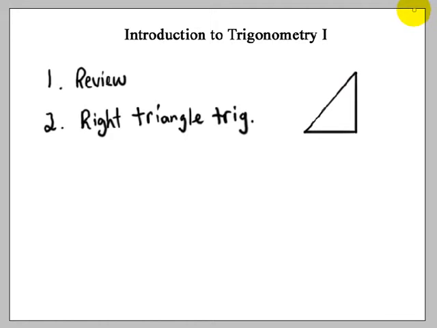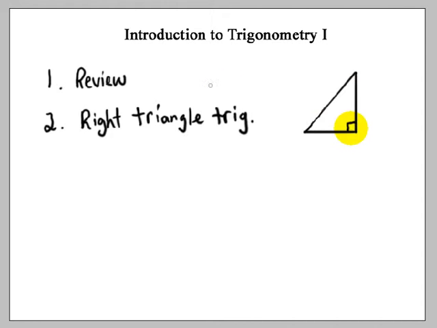It's a corner that measures 90 degrees. So a right triangle then is simply a triangle with a right angle. You see in this triangle here, this angle right here is 90 degrees. And we always like to write in this little symbol right here to indicate that it is 90.